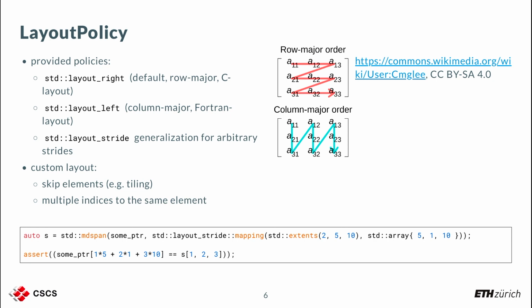Usually it's called row major or C layout. Why is it called layout right? Actually, I like the name because if someone says row major, I never know what it is. If someone says C layout, I'm used to it, I know it. But layout right is actually nice because the stride 1 index is the rightmost index.